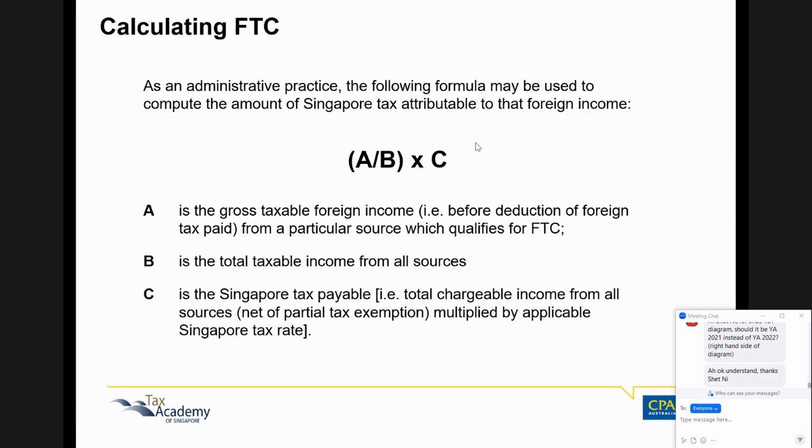C is your total Singapore tax payable, so it's your foreign source income over your total income, times your Singapore tax payable. That will be the Singapore tax on this foreign income. But I think this is quite a simplified formula. There's also an e-tax guide on this foreign tax credit, source by source or pooling, so you can take a look at them if you need it for your work.